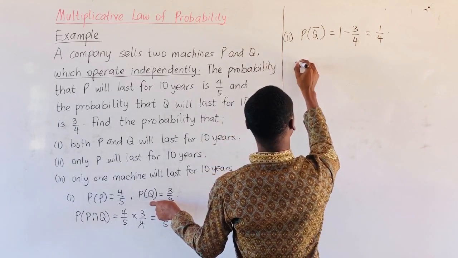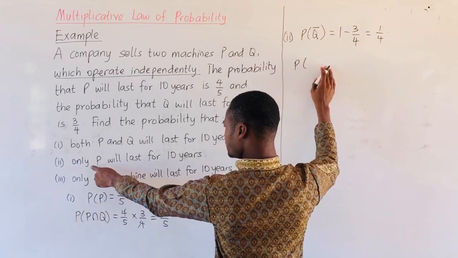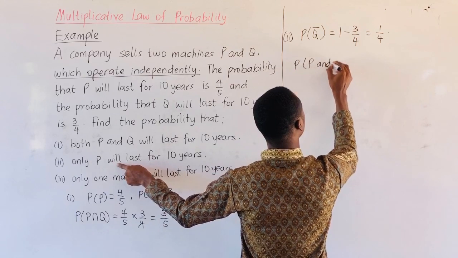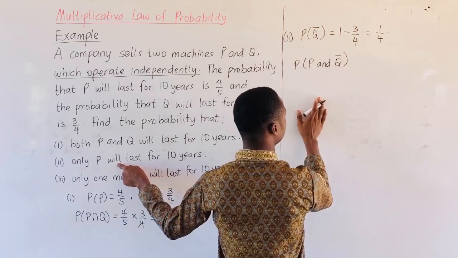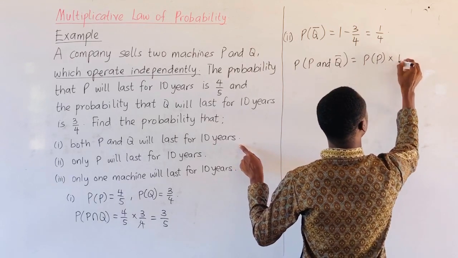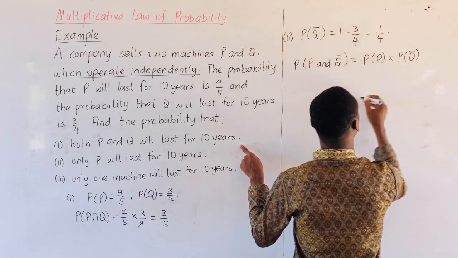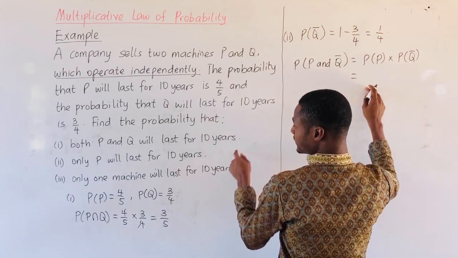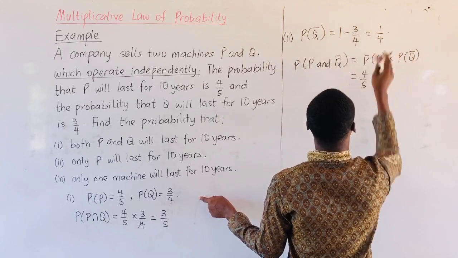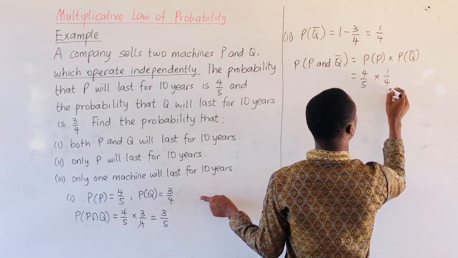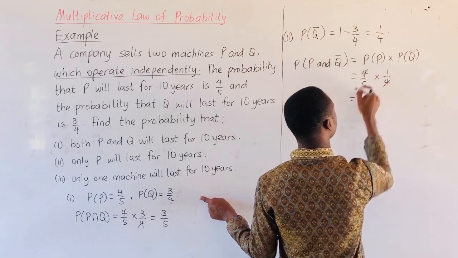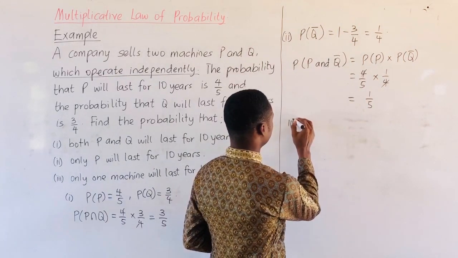So probability that only P will last for 10 years means P will last for 10 years and Q will not last for 10 years. And that is the probability of P times the probability of Q complement. So we will have probability of P is 4/5, and that of the complement of Q is 1/4. And this should give us 1/5. 4 cancels 4.